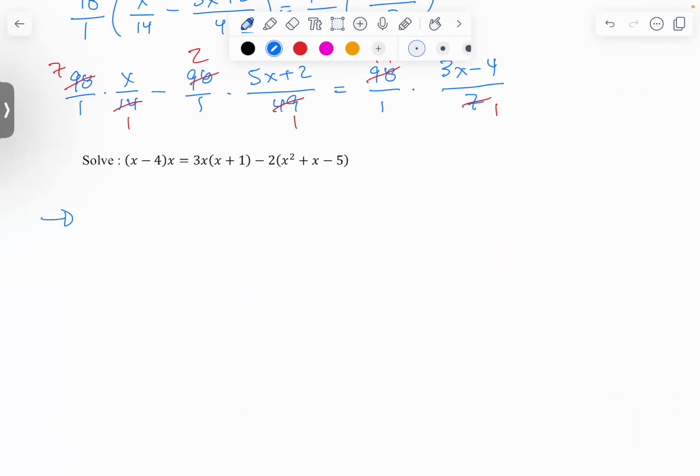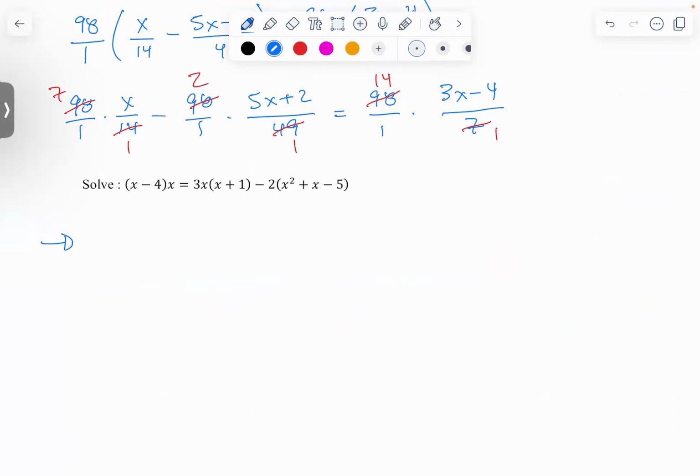Okay, so this becomes 7 times x. And notice, once again, all the denominators are 1. 7 times x, 7x.